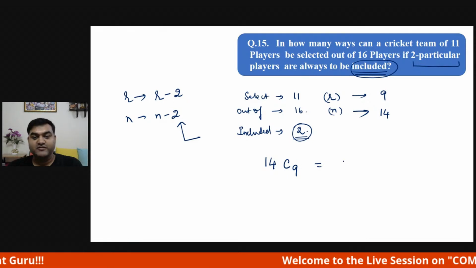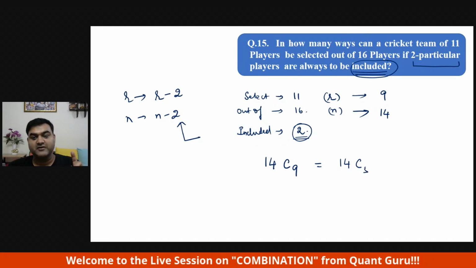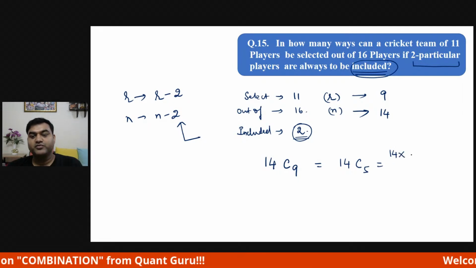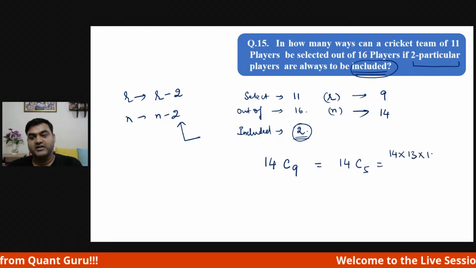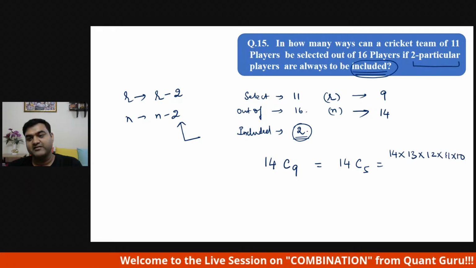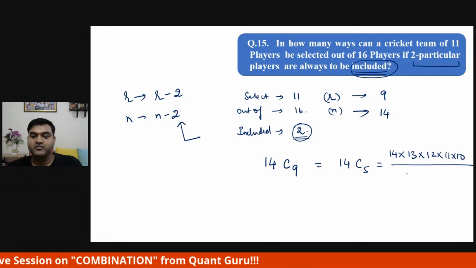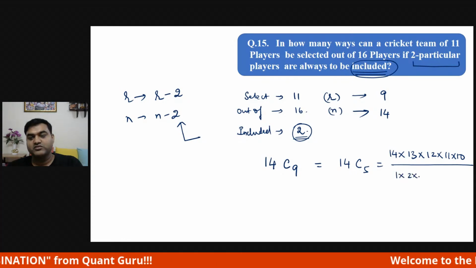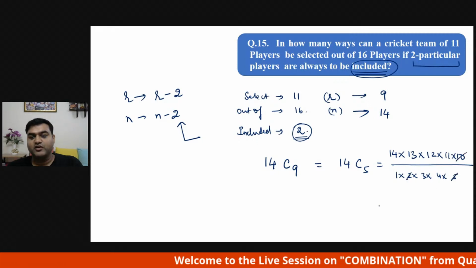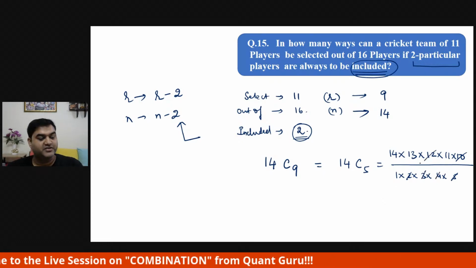14C9 can be written as 14C5, since 14 minus 9 is 5, correct? So that can be written as 14 into 13 into 12 into 11 into 10 over 1, 2, 3, 4, 5. So 5 into 2 is 10, gone. 4 into 3 is 12, gone.